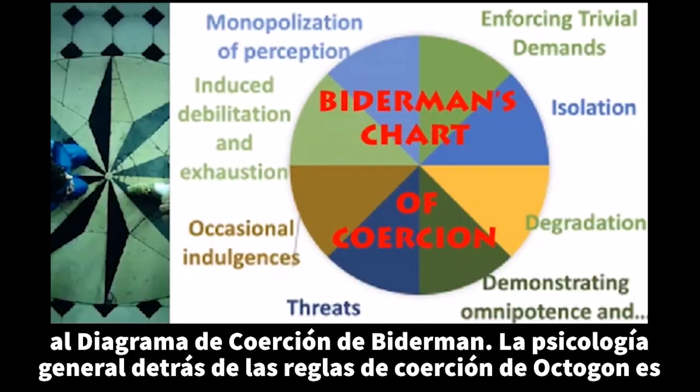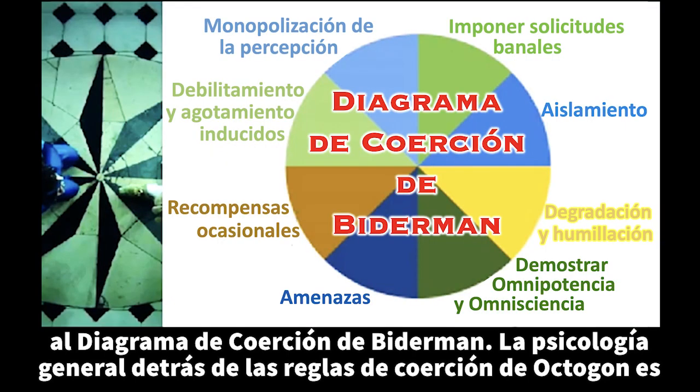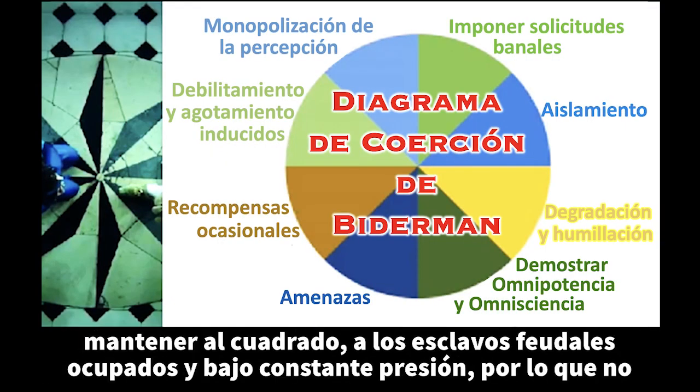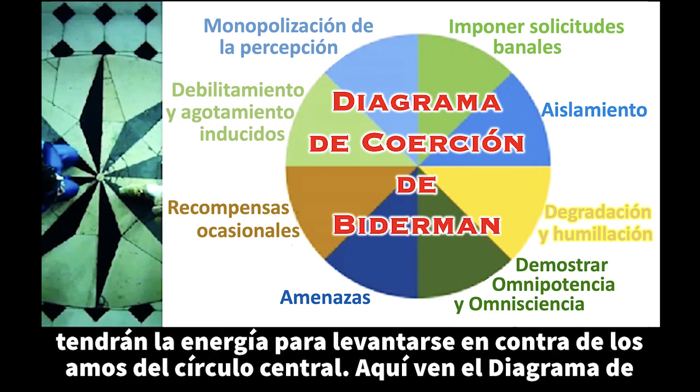The general psychology behind the octagon rules of coercion is to keep the square feudal slaves busy and under constant pressure, so they won't have the energy to stand up against the masters of the inner circle.